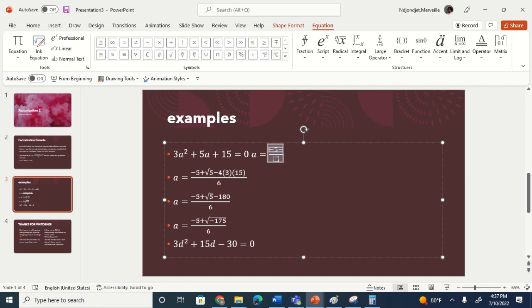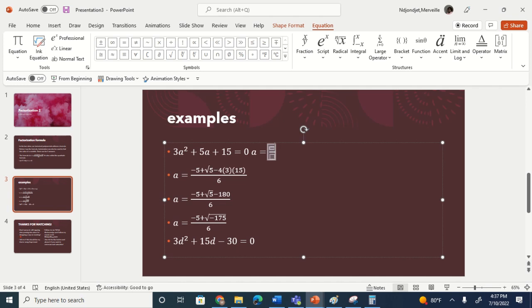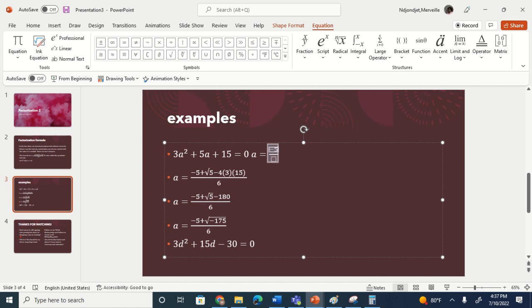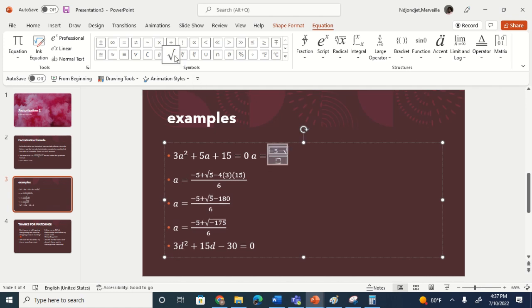So even the other answer is going to be a non-real number because the answer will end up being minus 5 minus the square root of minus 175 on 6. Alright? So sometimes the answer is not always a real number.